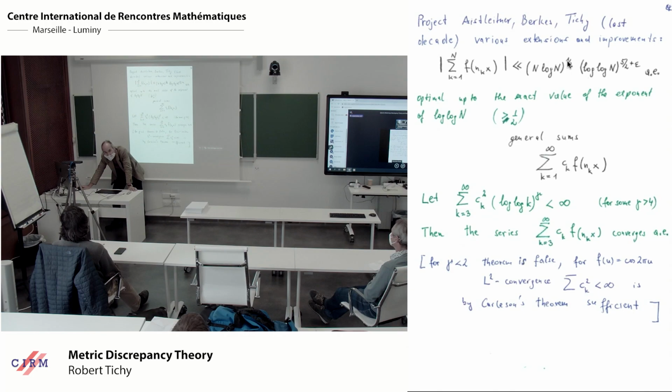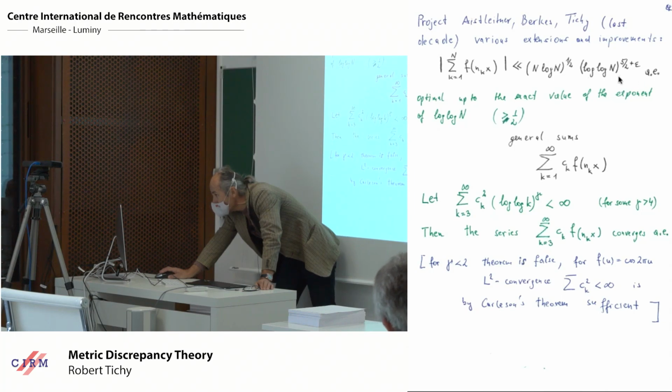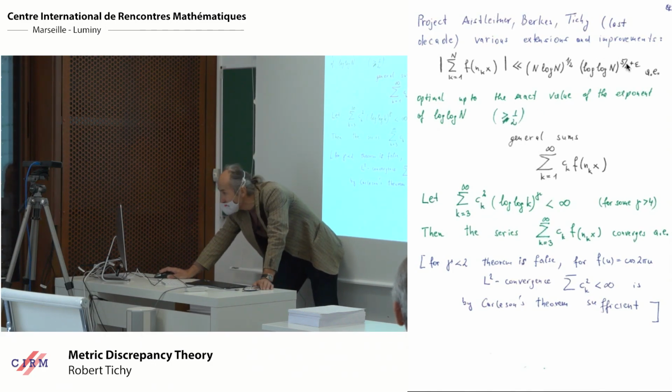Roger Baker didn't assume anything on the sequence, just increasing integers. And we get some further correction term, which is a double log, almost everywhere for x. And we know optimality except for the value of this exponent here. So log to 1/2 is optimal.